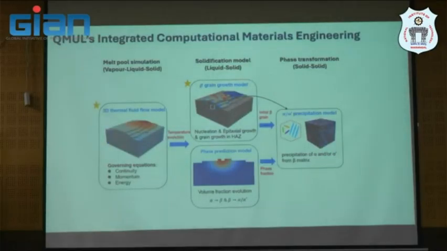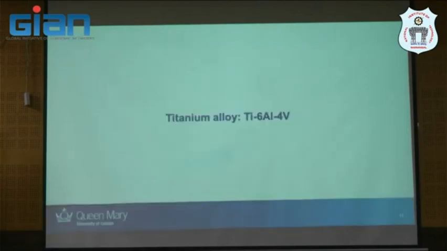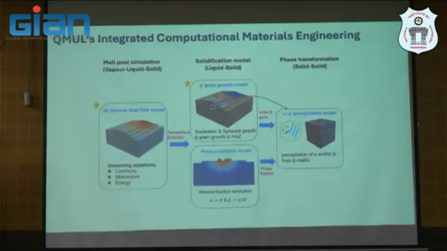So at Queen Mary University of London, in my research group, we have 3 frameworks. We do melt-pool simulation, as I said, which you saw yesterday in the lab session. And then we do solidification, the liquid-solid transition here. And probably you can implement some solid-solid transformation framework here to understand the phase formation.